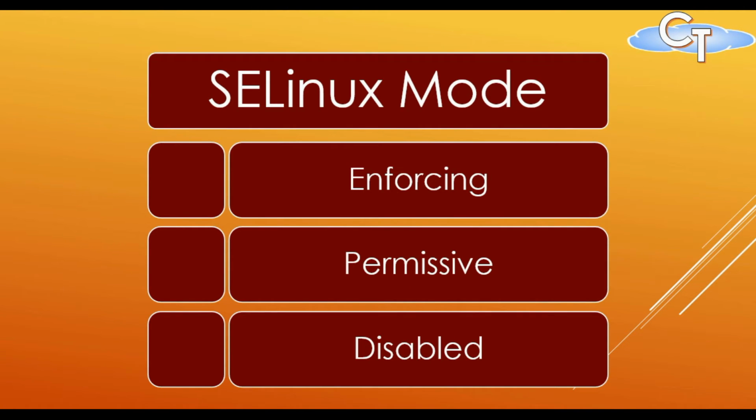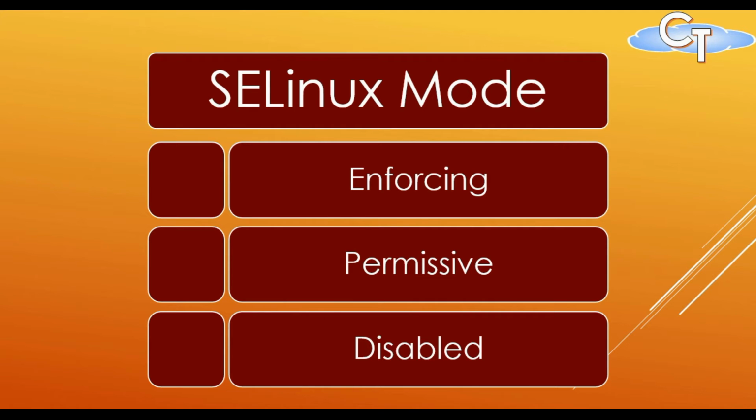SELinux runs in three modes. The default mode is enforcing. In this mode, SELinux is going to evaluate all the policies, and on the basis of that it is going to either block or allow the access. The second mode is permissive mode. In this mode, SELinux is not going to block any access, but it is going to notify us if there is a breach.